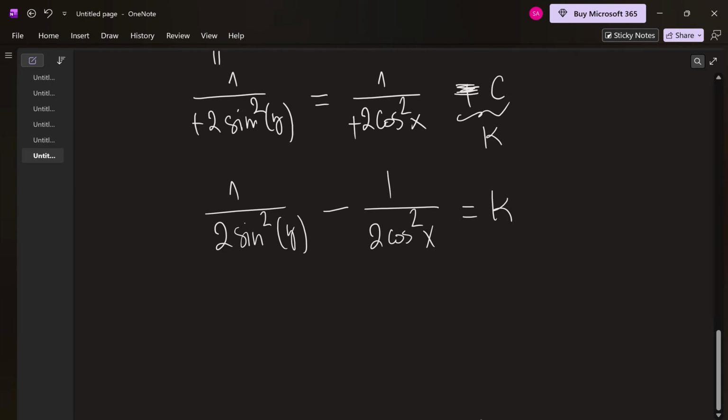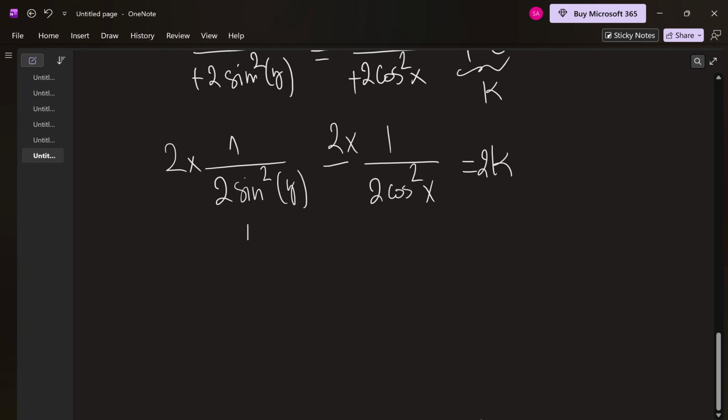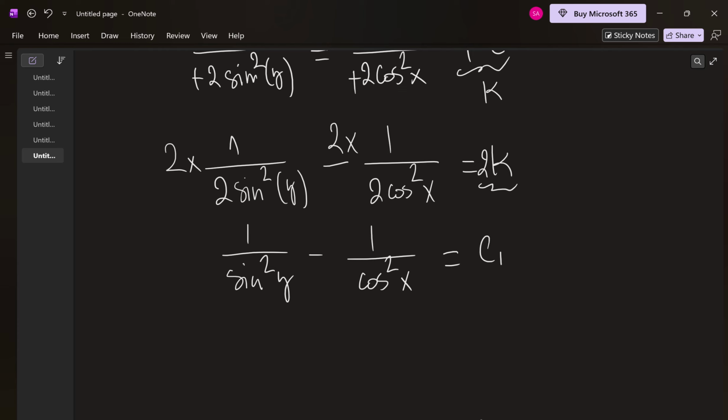And now we multiply all the sides by 2. We get 1 over sine squared y minus 1 over cos squared x is equal to some other constant, name it c1 for example.